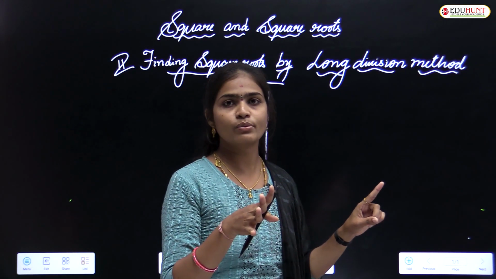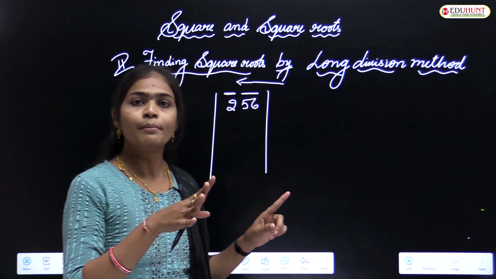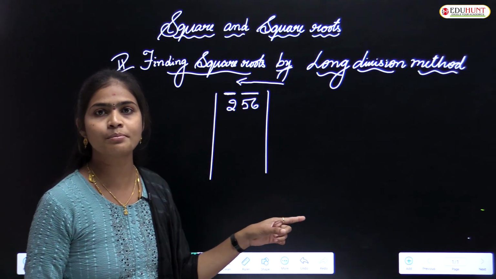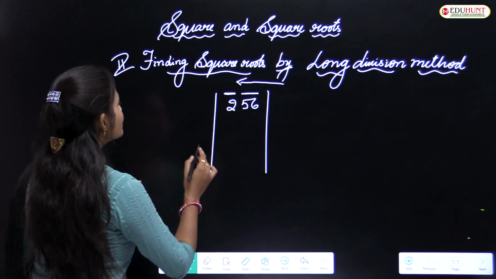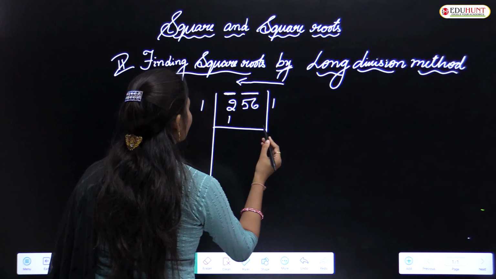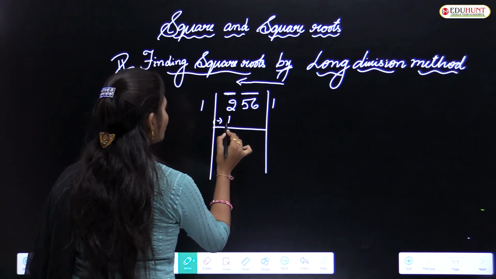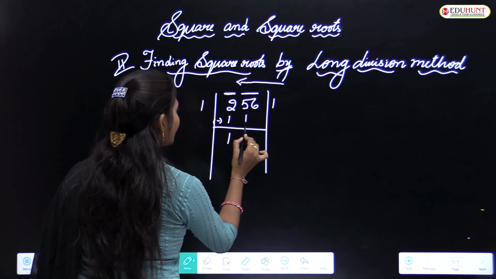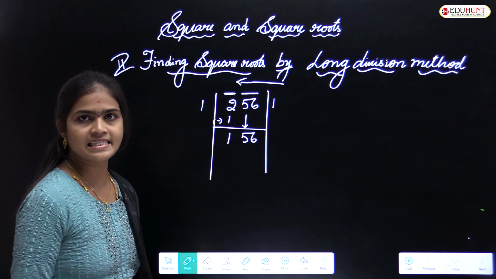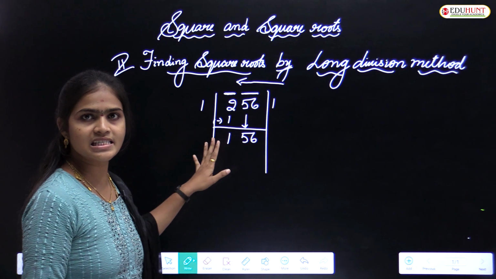But 4 is greater than 2, so we have to go for the lesser number, that is 1. So we take 1 into 1 is equal to 1. Take the difference, 2 minus 1 is 1. Bring down 56, that is 156. Clear? That is the first step.